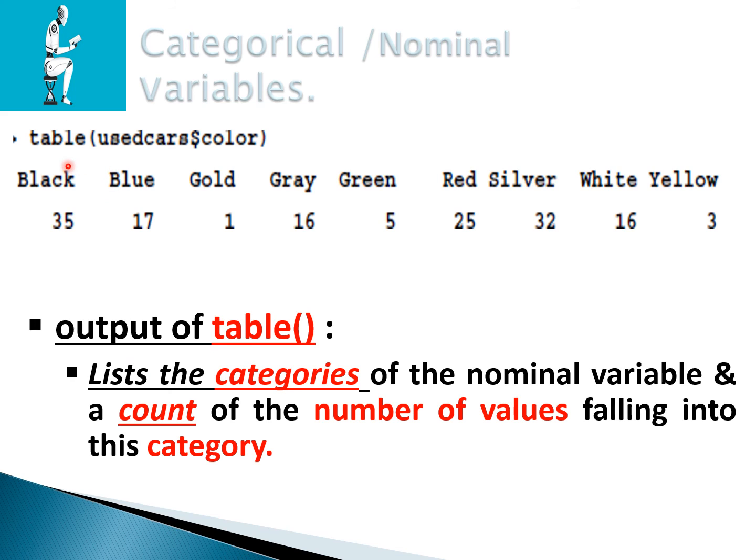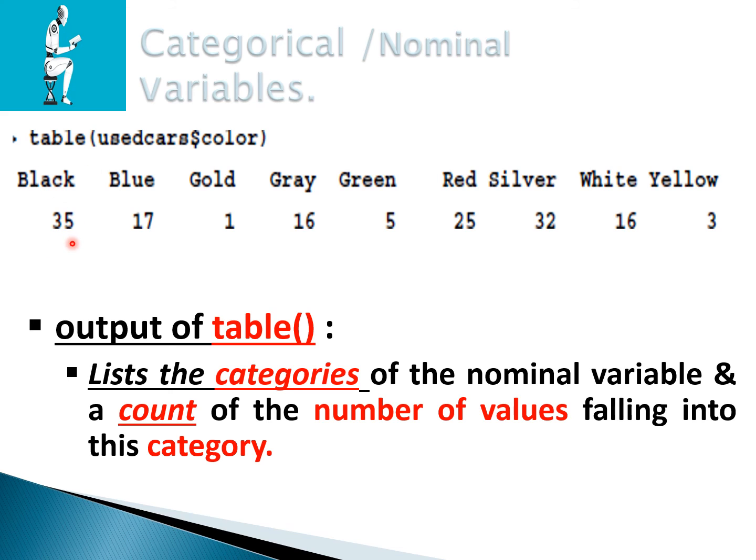Here is an example: table of usedcars dollar color. This means we are using the dataset usedcars and taking the table of the color attribute, and these are the possible colors: black, blue, gold, gray, green. Likewise, these are the possible values that can appear for this particular color field. The frequency is represented in the second line.